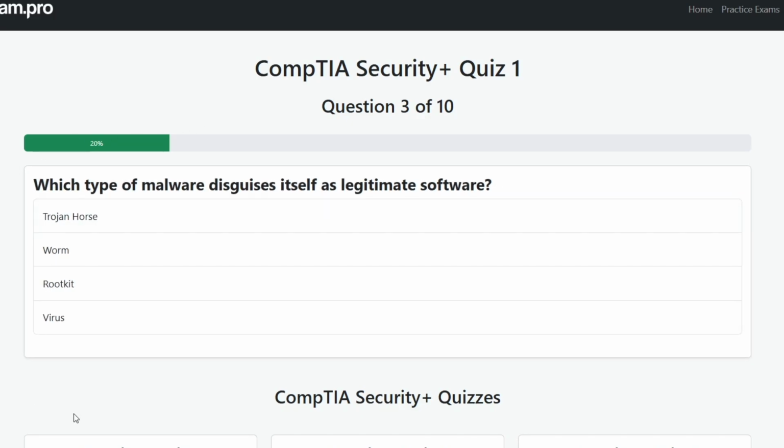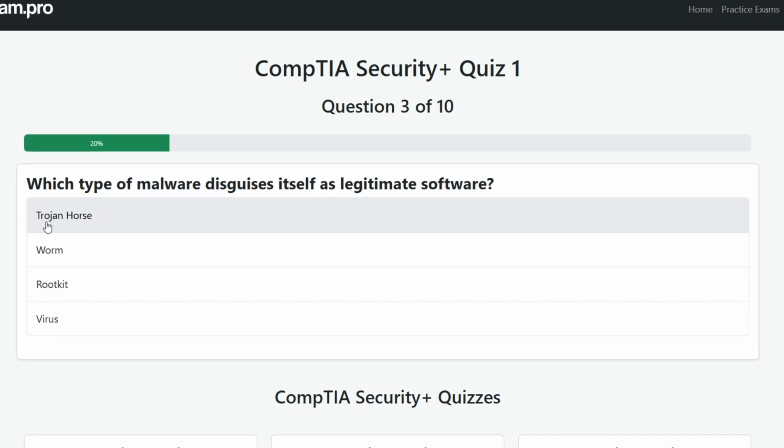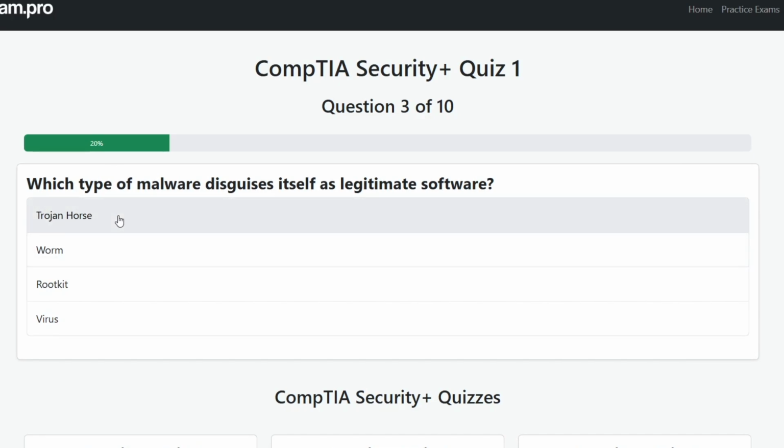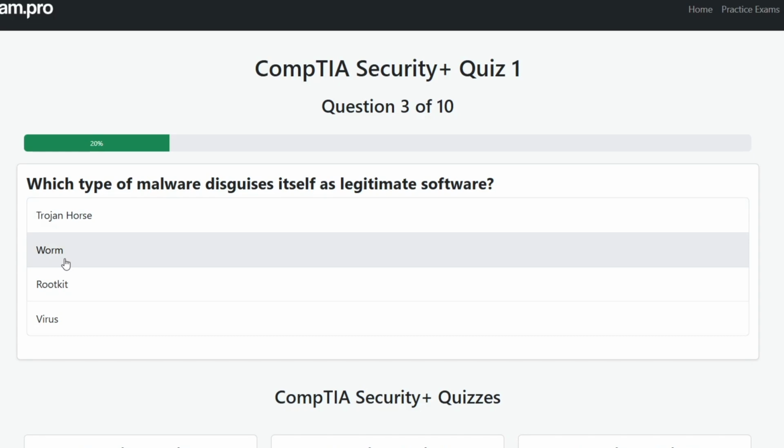So these are all different kinds of malware. Trojan horse, if you guys have heard of the ancient story about a Trojan horse, essentially what it means is disguising yourself as something you're not. So the right answer would be Trojan horse. A worm is something that replicates itself throughout a network, and it doesn't really disguise itself as legitimate software.